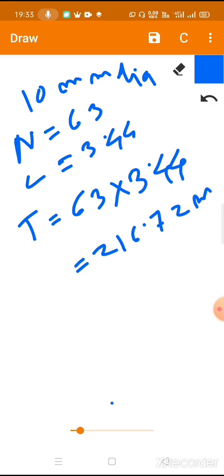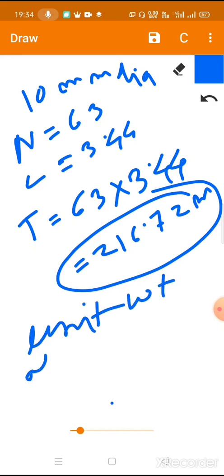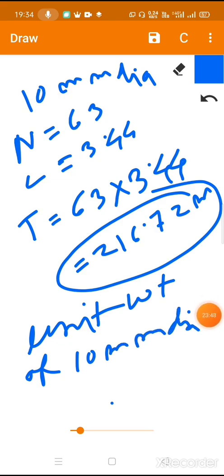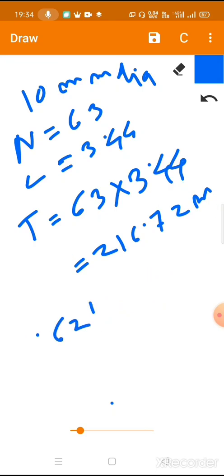Now we need to convert this total length of main reinforcement into weight. So we will have to multiply this total length by the unit weight of a 10 mm dia bar. The 10 mm dia bar unit weight is 0.62 kg per meter.